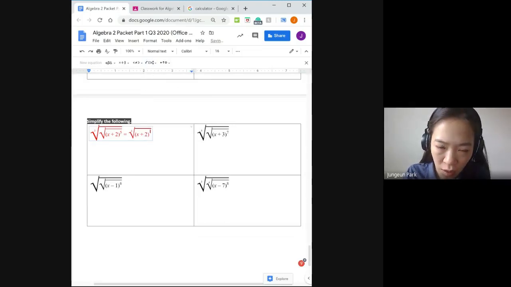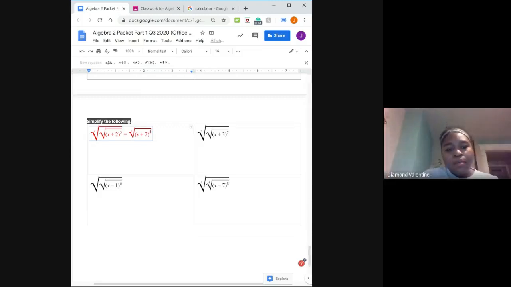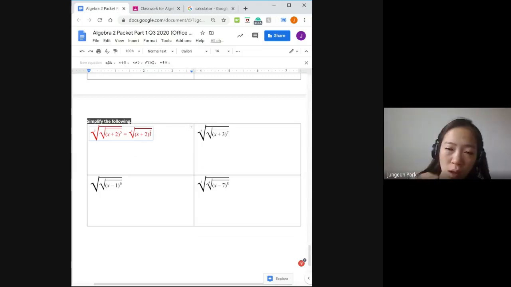I don't see any number. What was the number that is invisible here since it's a square root? That would be 1. So it would be just 5. Okay. Then what's the difference between x plus 2 to the fifth power and square root of x plus 2 to the fifth power, if that is going to be just 1?